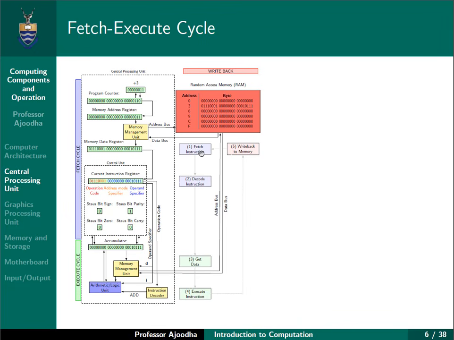So maybe instruction 2 requires some information from instruction 1. Then we can't possibly start executing instruction 2 when instruction 1 hasn't yet finished, because maybe there was something important for instruction 1 to do in order for instruction 2 to complete.